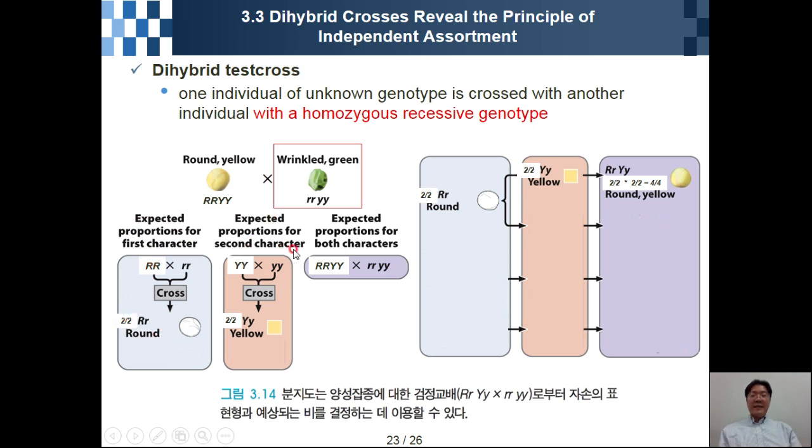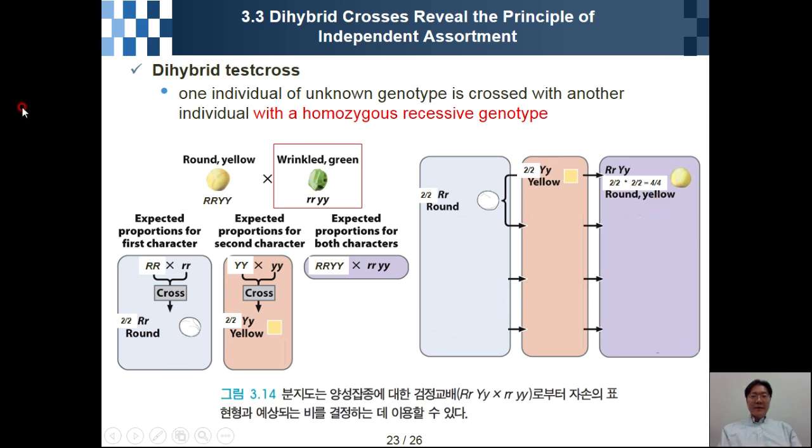How about the second character? The second character is also 2 out of 2 yellow. So how about the expected proportion for both characters? This one can go here, and this one can go here. So after multiplication, all of them will be round and yellow.